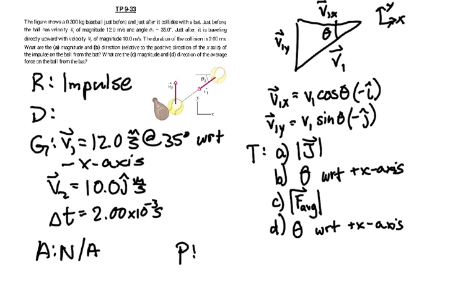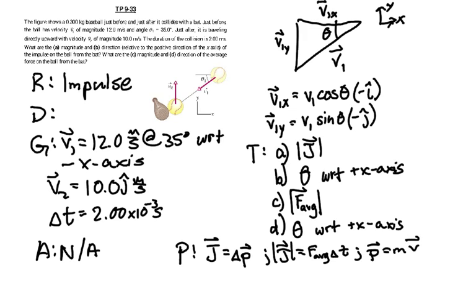And our physics for this problem, we'll be using our impulse equation, and that's in vector form. We'll be using the magnitude of our impulse equation in terms of the average force, and just in general linear momentum of a single particle or object.